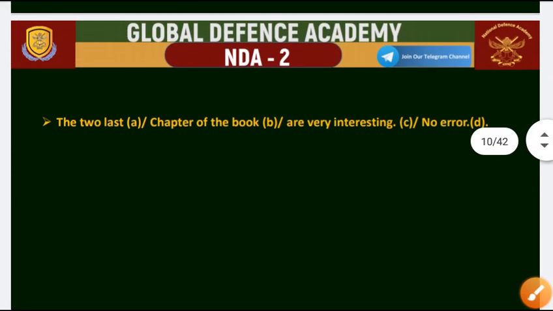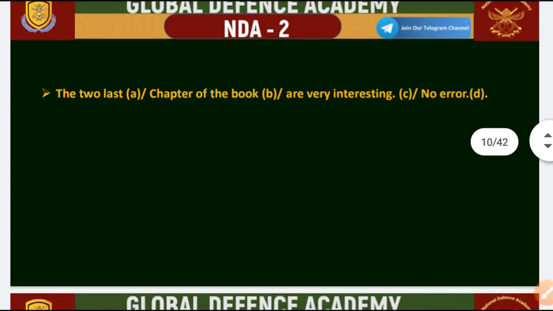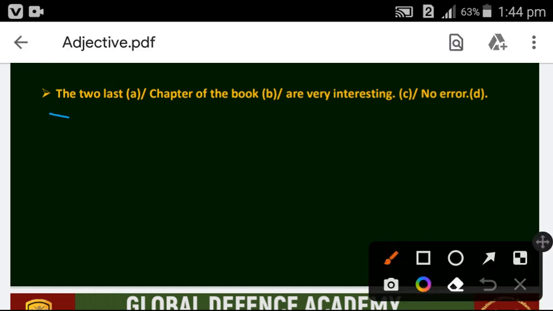And here comes the first question of the day: The two last chapter of the book are very interesting. Try to find out an error in this question, and I hope you all find it.